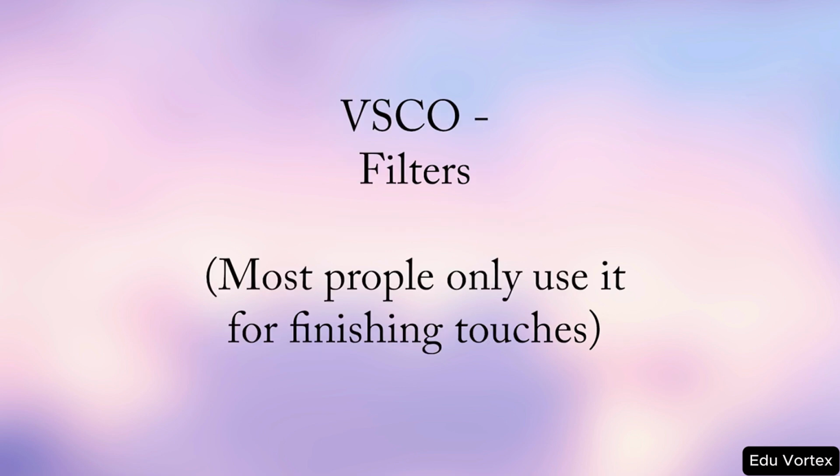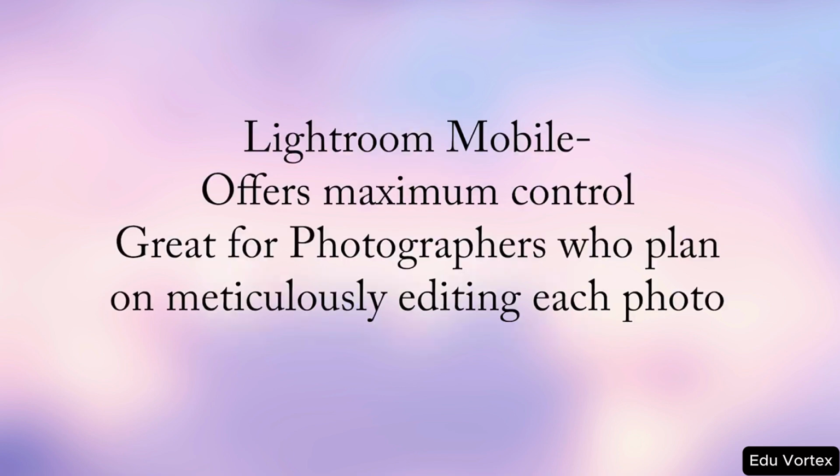I think you should only use VSCO for a specific vibe or aesthetic and its filters. VSCO doesn't have that many editing tools, and most of VSCO is paid, but I think the filters are still worth it. Lightroom Mobile is best for maximum control on your image because it has HSL and pretty advanced color grading options. It is great if you want to build a professional or polished Instagram feed, or if you need precise color adjustments.